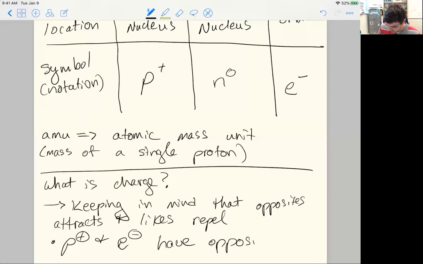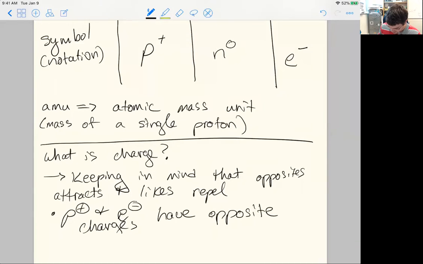Sometimes I like to circle the plus and minus on the proton and electron just to make sure that we can tell that the negative on the electron is actually a negative and not just a line that we accidentally drew. So protons and electrons have opposite charges, and as a result, protons and electrons are attracted to each other.